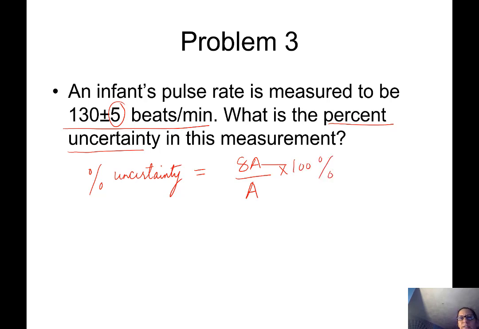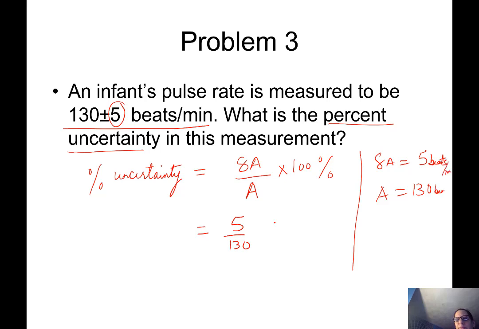If you go through your text, they have used the same formula, and delta A is represented by 5 and A is 130. So 5 over 130 multiplied by 100. Actually I should write units, because if you don't write units it has no meaning. Beats per minute, beats per minute.